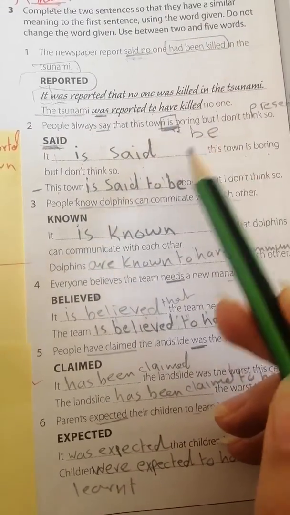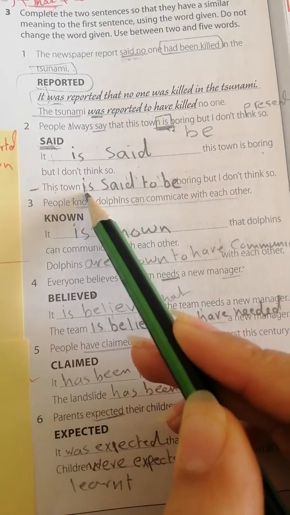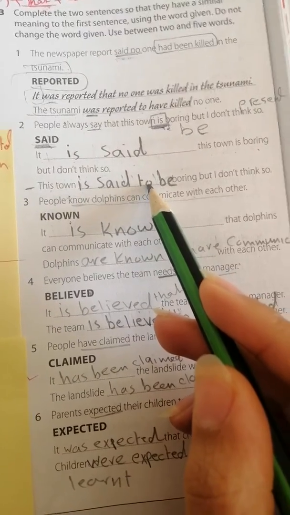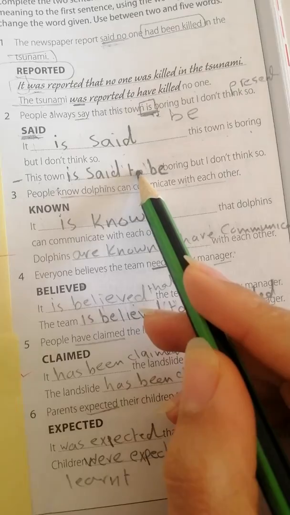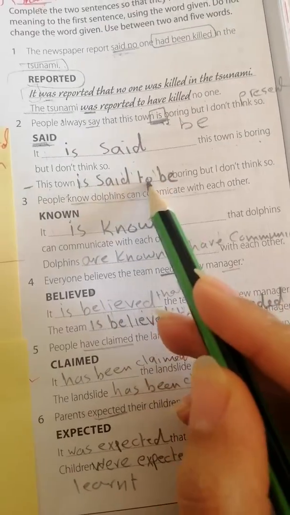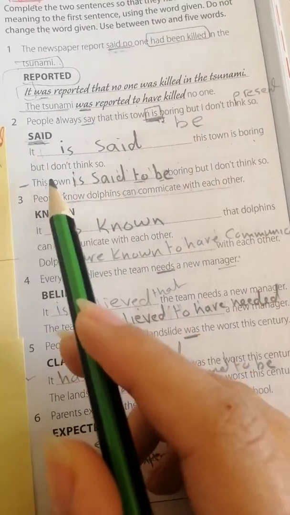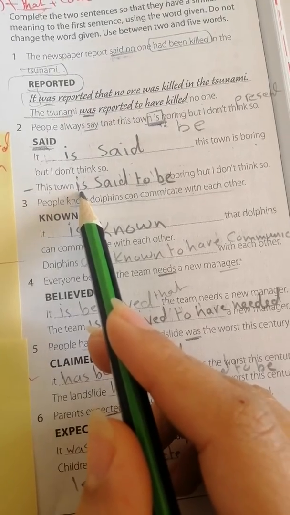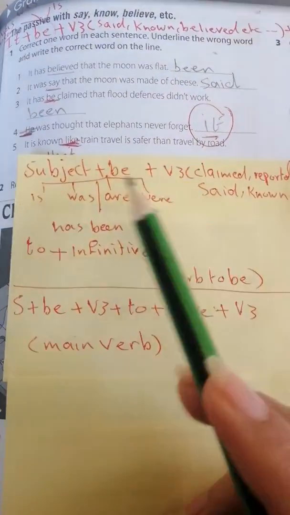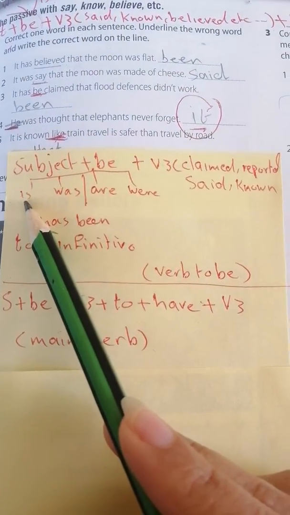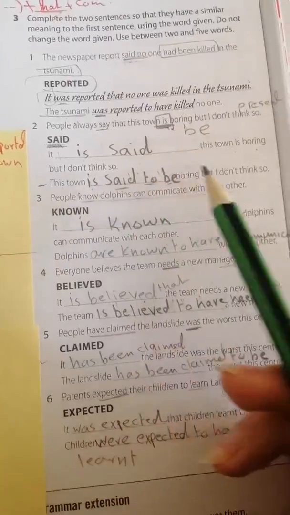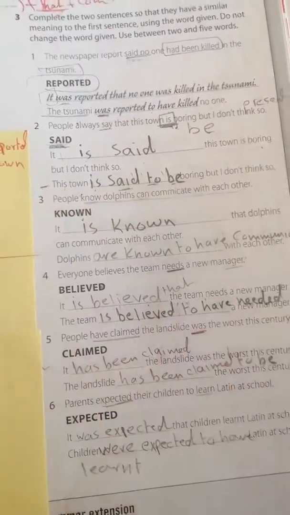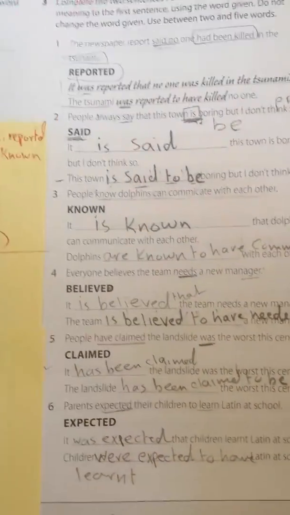That's why I want to use to plus infinitive. So this town is, according to the rule, this town is, and verb 3, they want us to use said. Okay, is said, and then to plus infinitive, to be boring, but I don't think so.